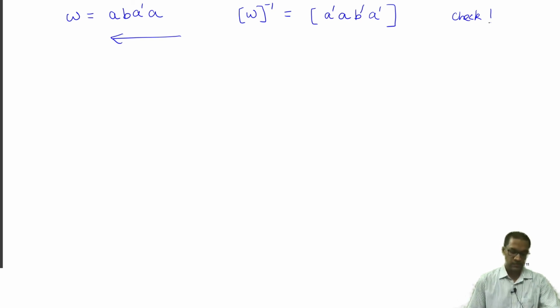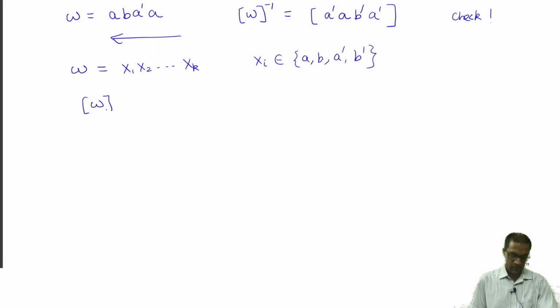And it's easy to write a general prescription as well if you wish: if W is a word which looks like x1, x2, up to xk, each xi is a letter, either A, B, A dash or B dash, then the inverse of W is just given by the equivalence class of, well, read it in reverse, so yk down to y1, where yi is just the dash of xi.